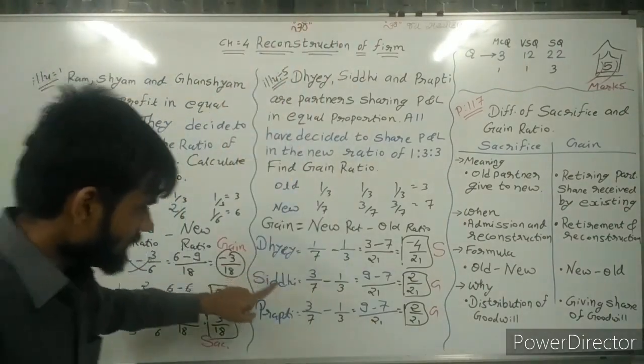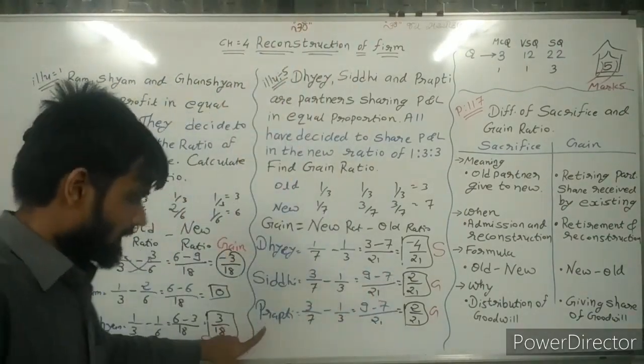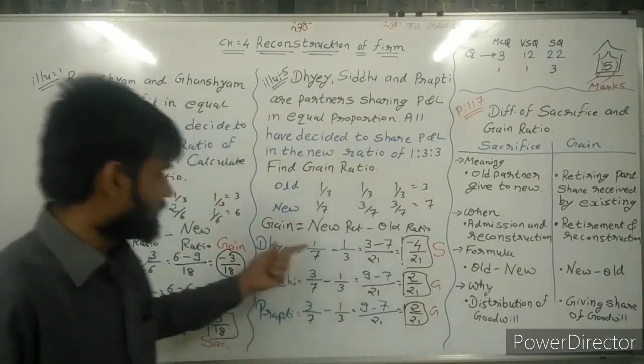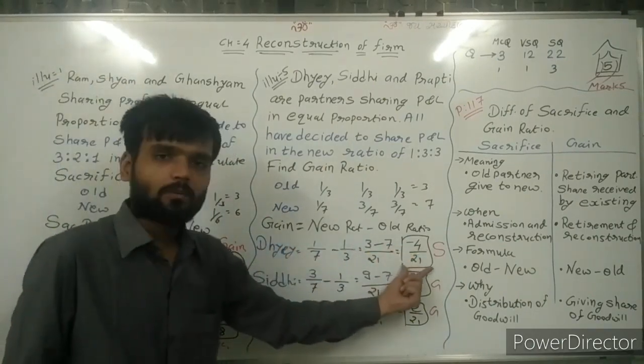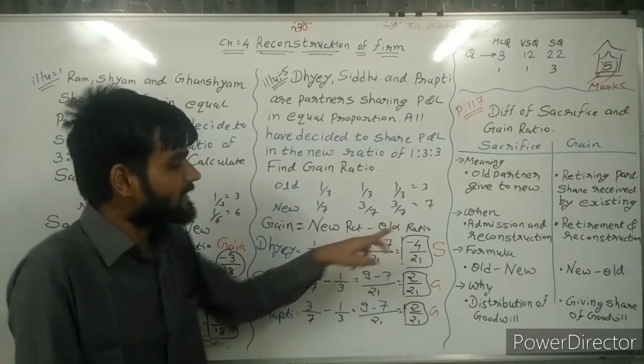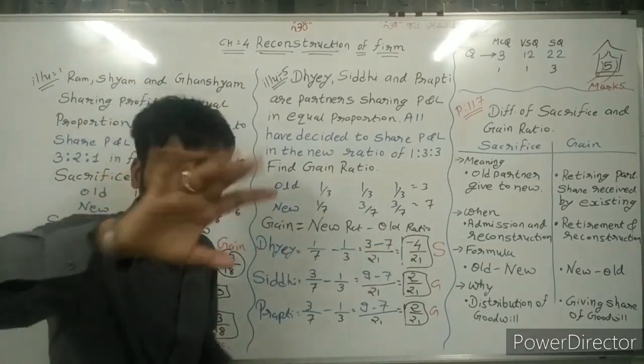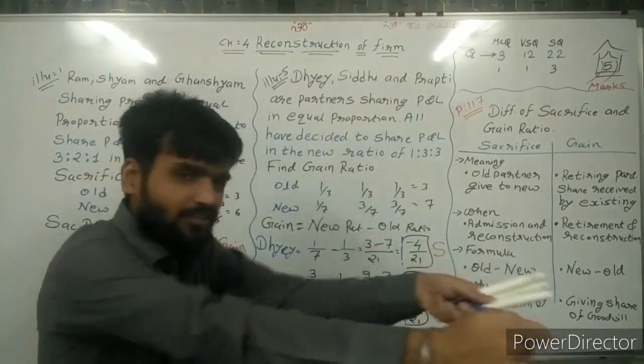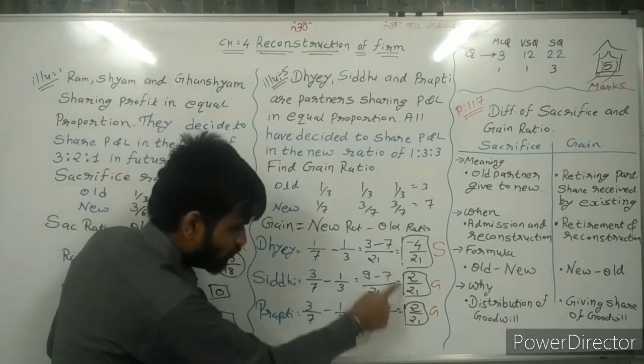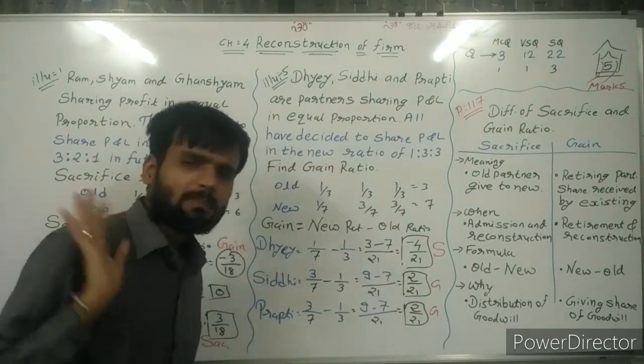So Siddhi gains 2 by 21, Prapti gains 2 by 21, and they sacrifice minus 4 by 21. It means they sacrifice 4 by 21. So 4 sacrificed by them and 2 each received by Siddhi and Prapti.